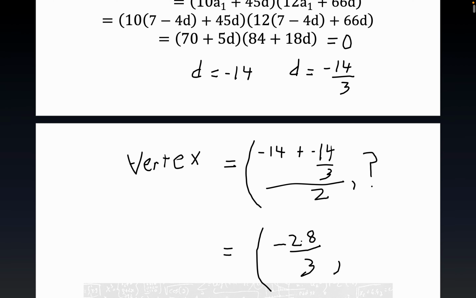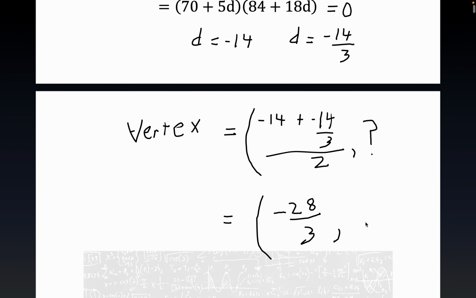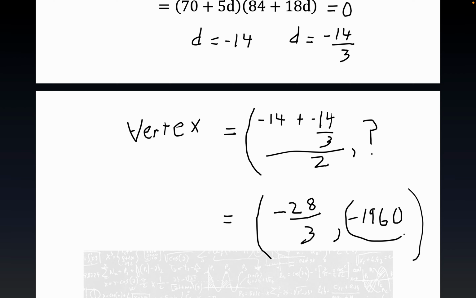When you substitute minus 28 over 3 into this expression for the product, the product of S of 10 and S of 12, I believe you get minus 1960. But anyway, you never know about the arithmetic. I did double check it, but I've been wrong about it before. So this is what we're looking for. It occurs at the halfway point between the two x-intercepts. And so this is the answer, minus 1960.